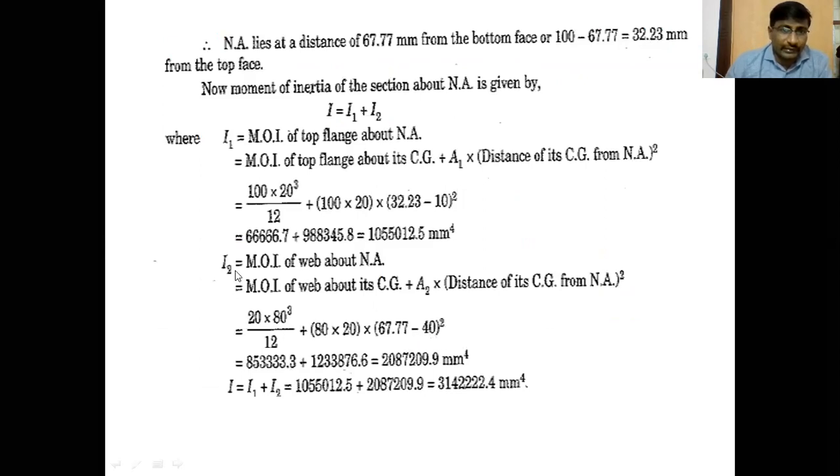So we can get the moment of inertia of second area, that is web area, 2087209.9 mm power 4. These are the two moments of inertia in the T section about neutral axis. If we sum up these two values, then we can get the overall moment of inertia of section about neutral axis is 314.2222.4 mm power 4. This is the value of moment of inertia of T section about neutral axis.